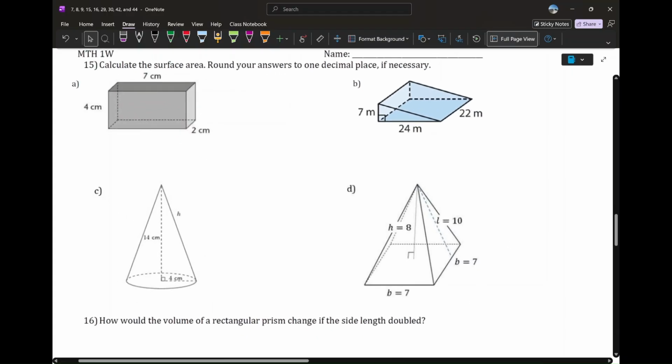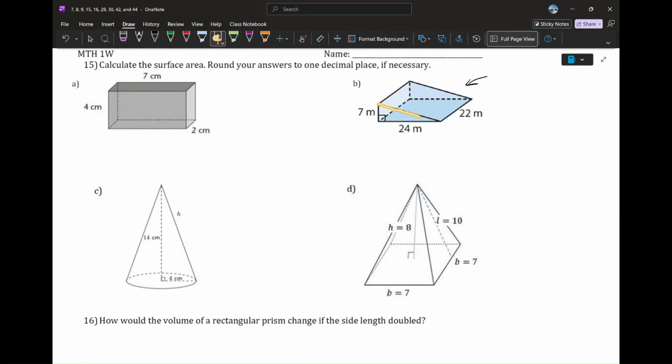I think the only tricky part is, in this one here, to find out this side length, it's the hypotenuse of this right triangle. So you're going to have to use Pythagorean theorem to determine that side length.